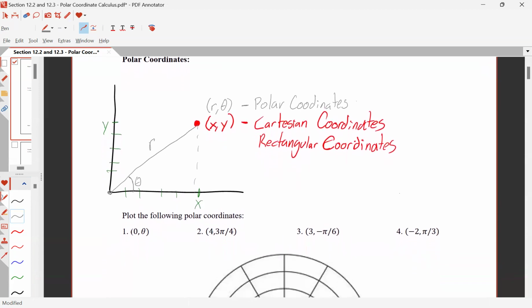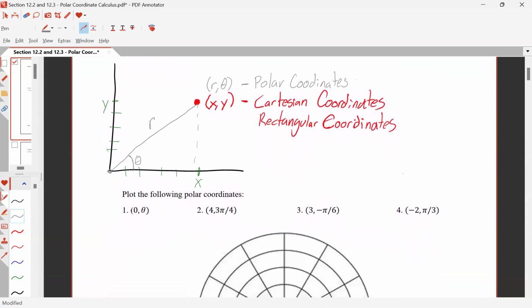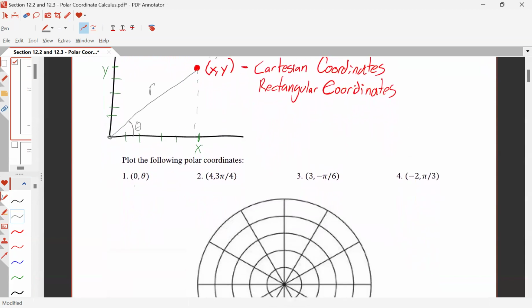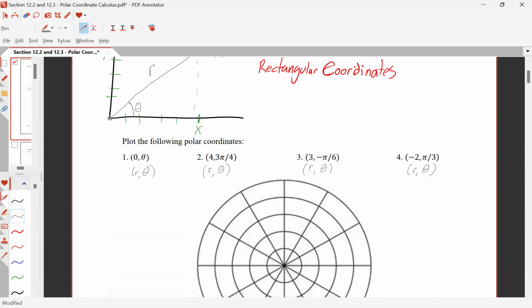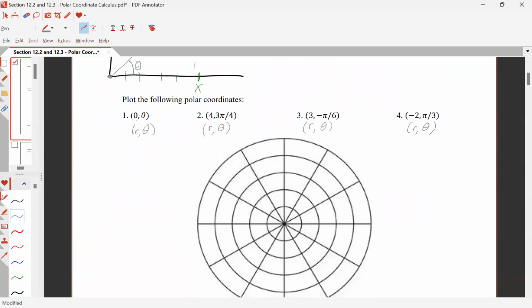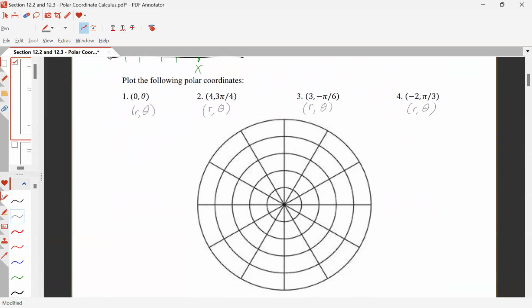So taking a look at plotting some of these points, these are all talking about a radius and an angle. So the first one, radius 0, angle, whatever we want to put there. We could put any number there as the angle.